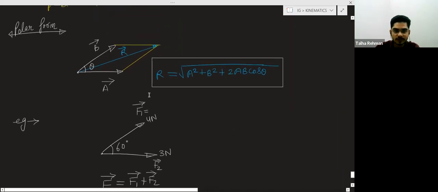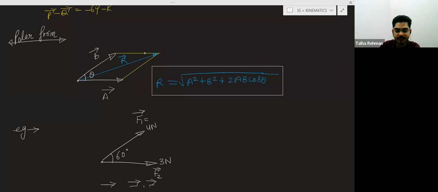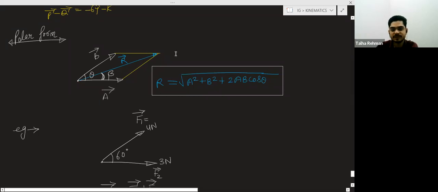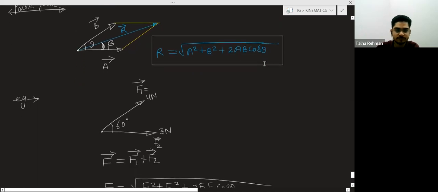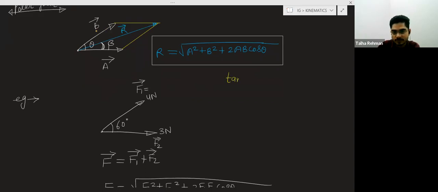Now for this resultant R, if you want to find the direction, suppose this resultant is making an angle of beta. Then you can find the direction with the help of this formula: tan beta is equal to B sine theta divided by A plus B cos theta.